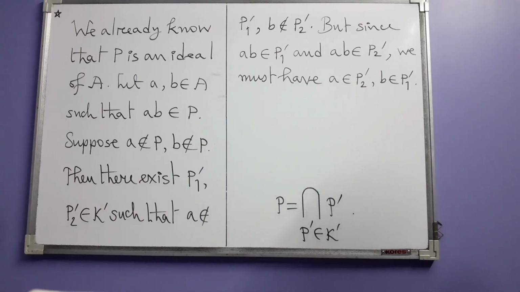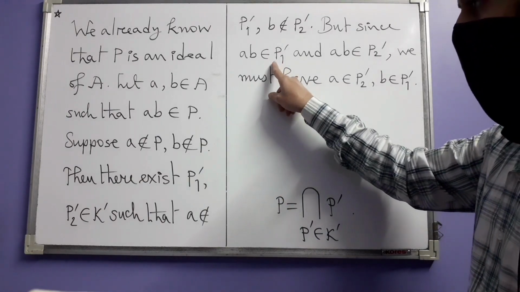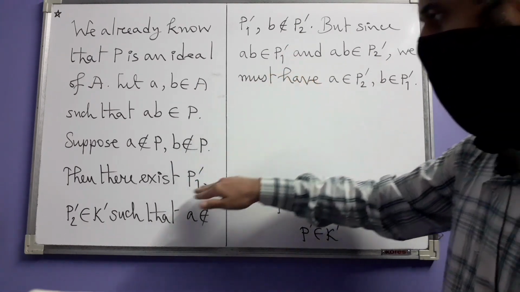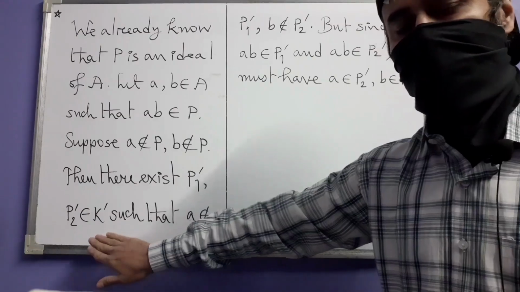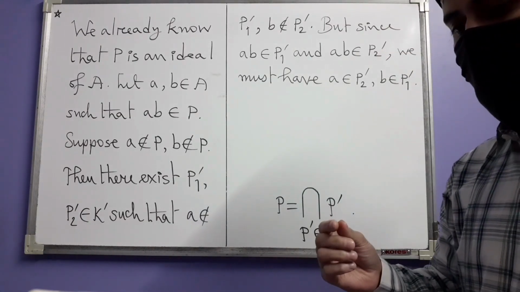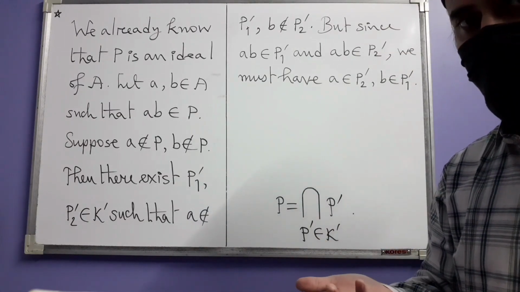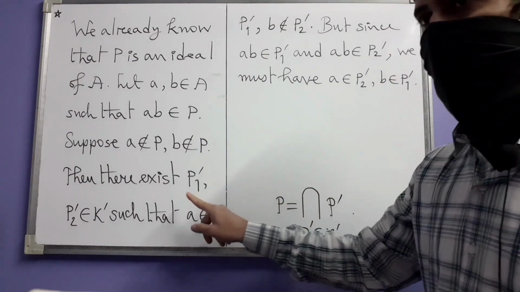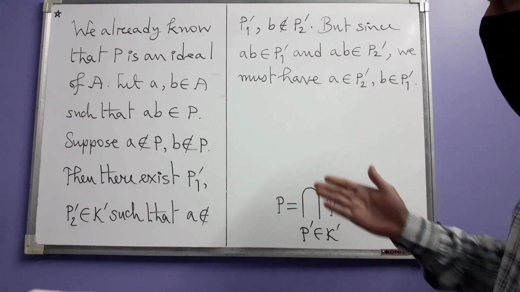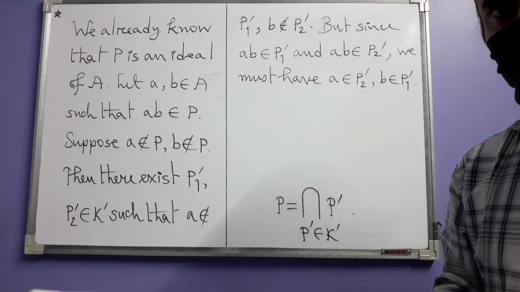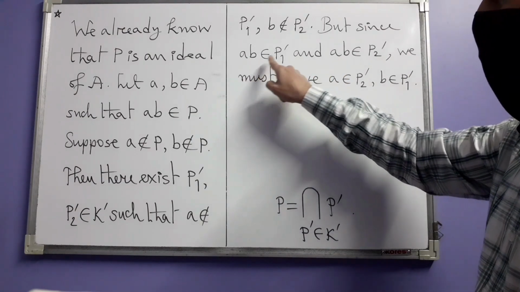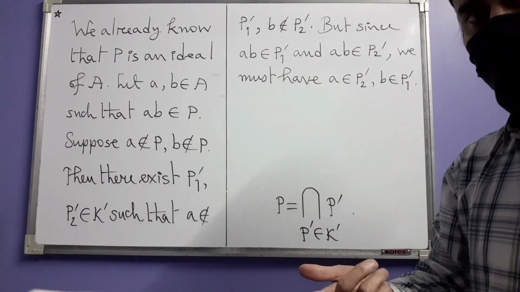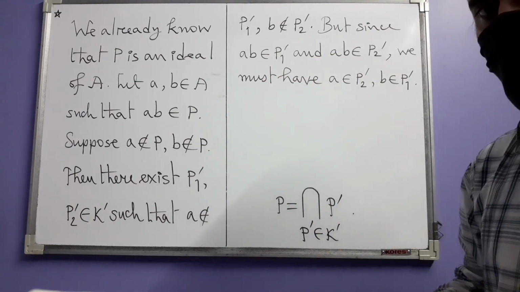Alright. Now you recall that P1 prime is an element of K prime. And what is K prime? K prime is a chain in K. So ultimately it's a subset of K. That makes P1 prime an element of K. That is, P1 prime is a prime ideal. So AB being an element of P1 prime means that either A belongs to P1 prime or B belongs to P1 prime.